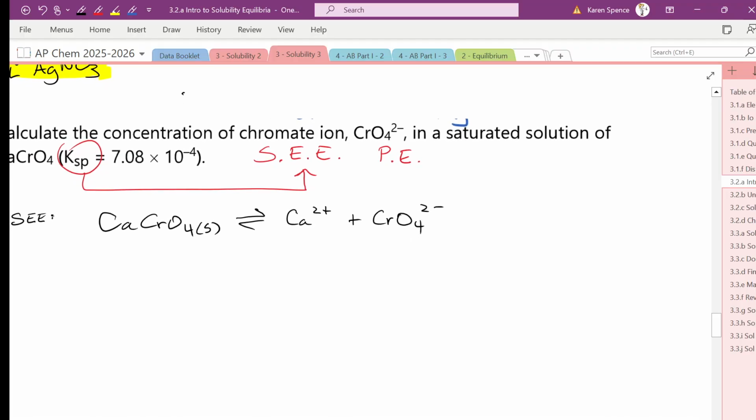Now, if you wanted to solve this question, I know we haven't done one like this, but what might be useful to write? KSP, yeah. KSP equals what would it equal? Ca2+ times CrO4 2-.